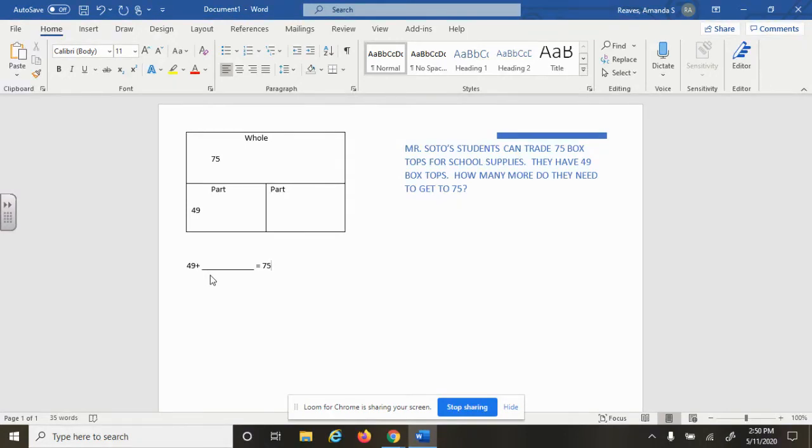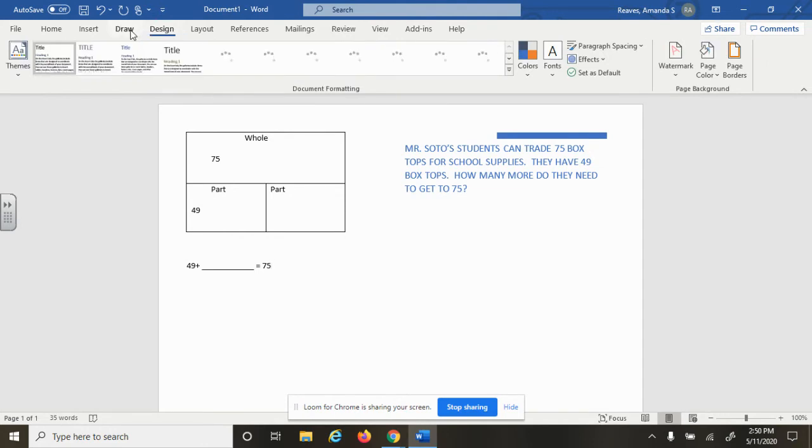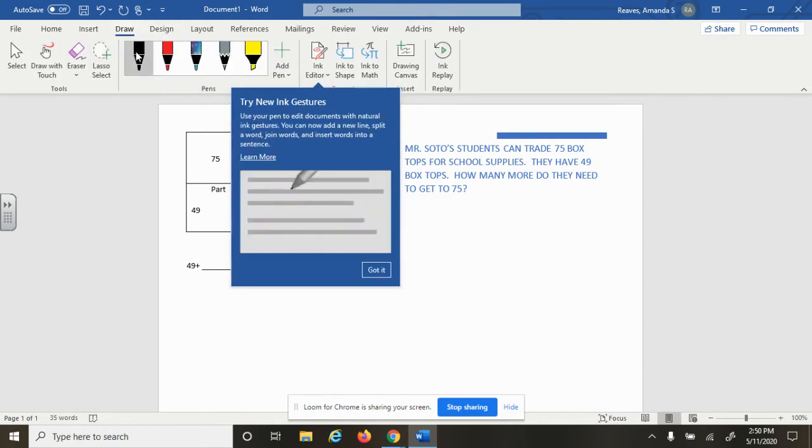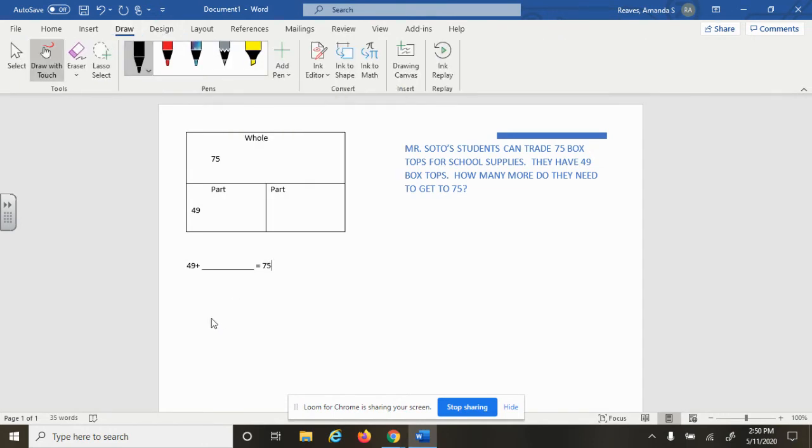Now, in class, a lot of times when we have problems where we are comparing, we're trying to get from one number to the next, we use a number line. So our number line would look like this. The students would draw their line. Sorry, it's not super straight, but you can get the idea. We know that we're starting at 49, and we know that we want to stop at 75.